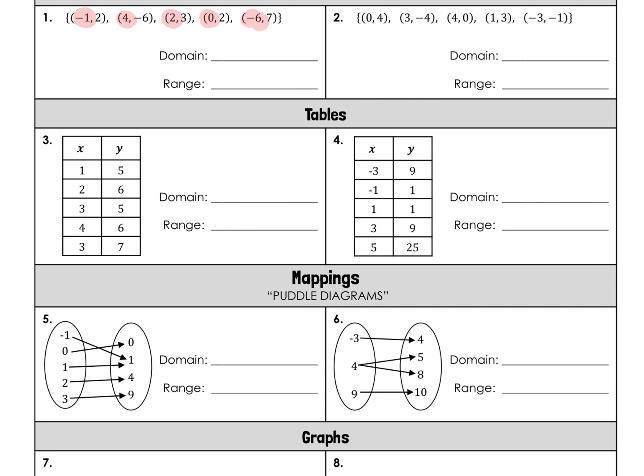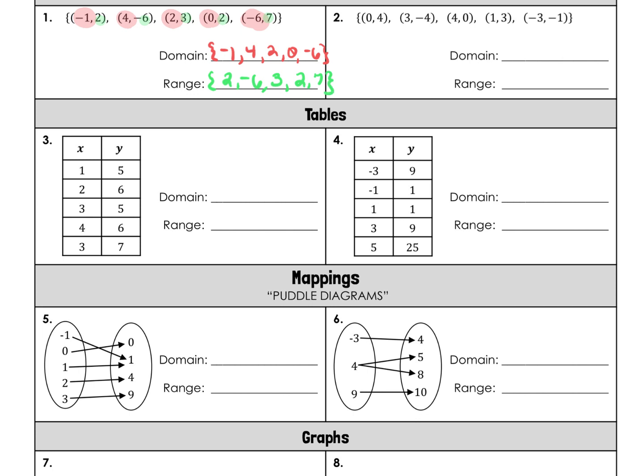And you're going to write them down with a bracket: 4, 2, 0, and -6. And then your range are the y's, which is 2, -6, 3, 2, and 7. And you're going to write those down with your brackets as well. So then it's 2, -6, 3, 2, and 7.